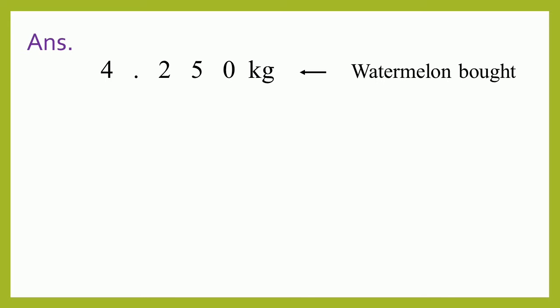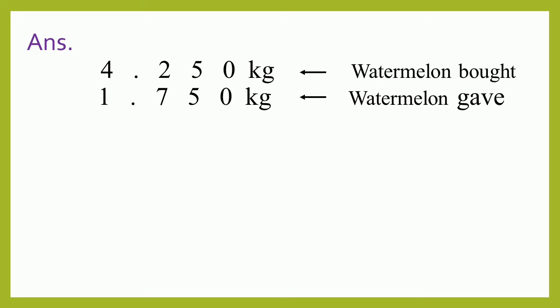That's why we will write 4.250 kg. And out of that she gave 1 kilogram and 750 gram to the children in her neighborhood. So we have to find how much watermelon she has left. So we will subtract this number.